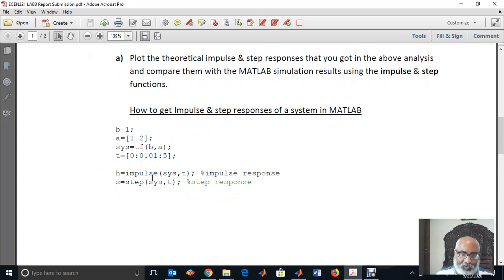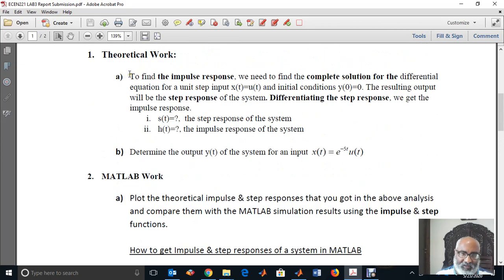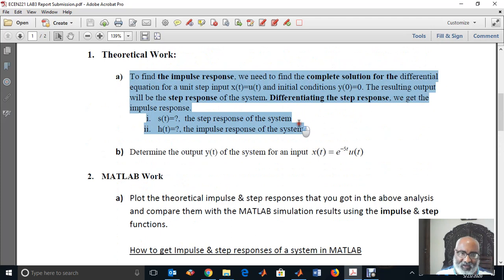So H is equal to, H is the impulse response, impulse for what? For the system, comma t, where you define the time vector here, and step for the system, comma t. This is the simulation from MATLAB. You will plot this together with the theoretical result you have in part A. So in part A, first you will find the step response and the impulse response.